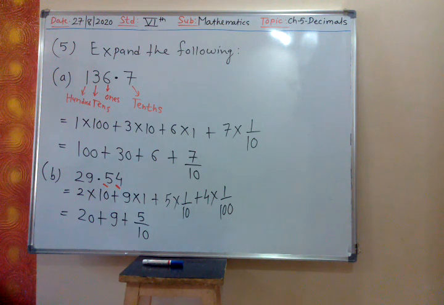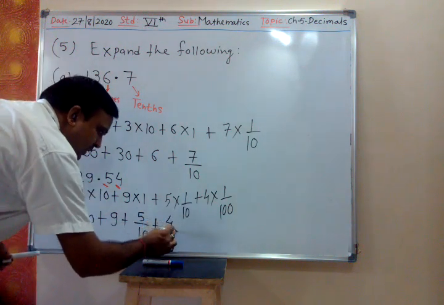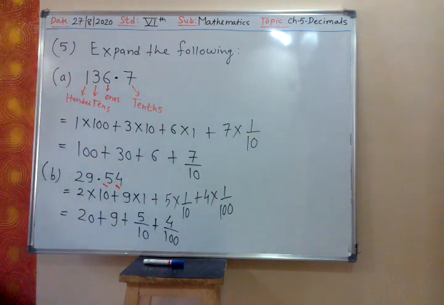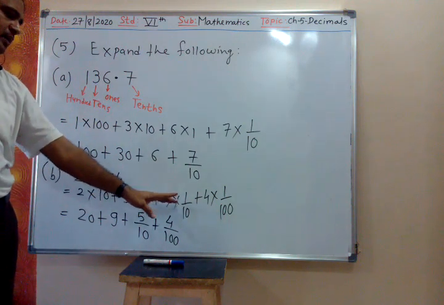If there are two digits, we divide by 100. So 5 upon 10 plus 4 into 1 upon 100 will be 4 upon 100. If there are 3 digits, I will multiply the third digit by 1 upon 1000.